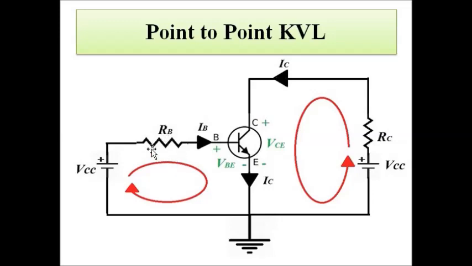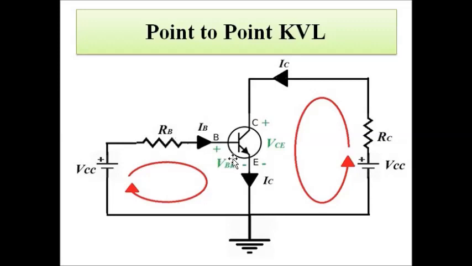Again, in point to point KVL, if you start from here, the KVL will be like minus IBRB minus VBE plus VCC is equal to 0 until you reach this point. But do not include this again. You can start from here, but you have to end here as well.